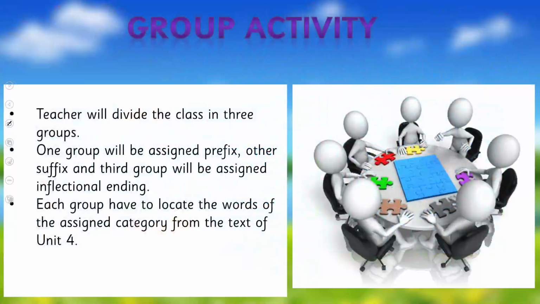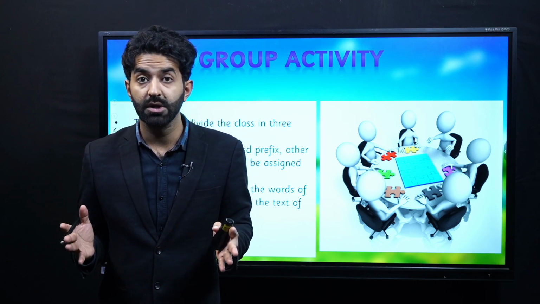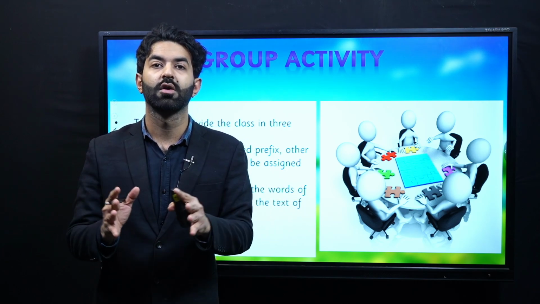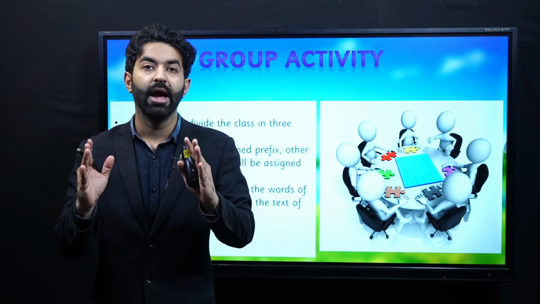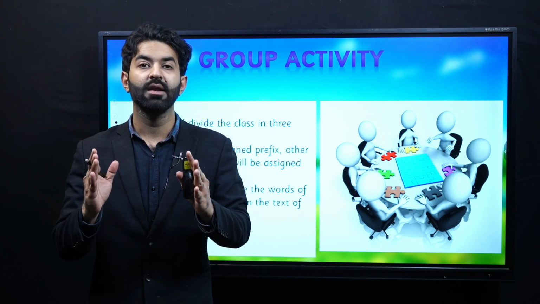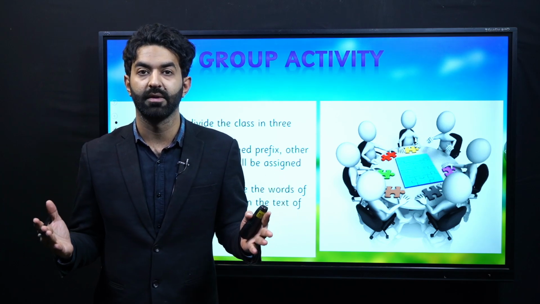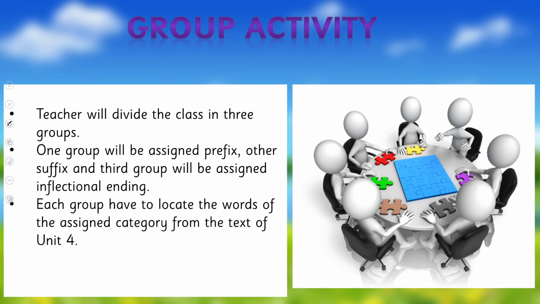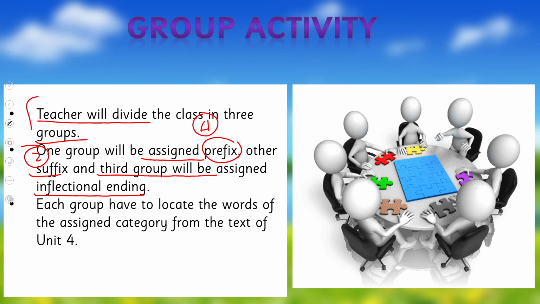Now, let's talk about the group activity over here. I would request the teacher to divide the class into different groups, learn and understand the instructions, and then let them perform the group activity by themselves. So, the teacher will divide the class into 3 groups. One group will be assigned prefixes, another suffixes, and the third group will be assigned inflectional endings.